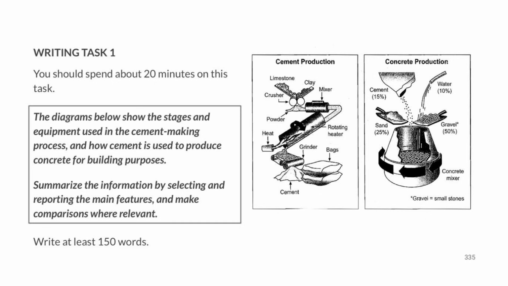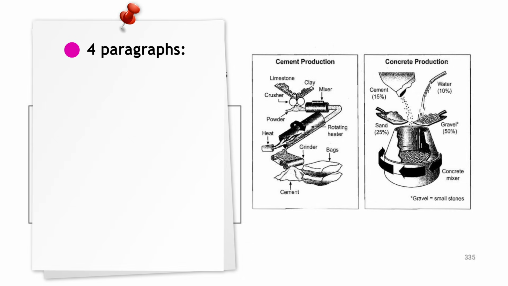So we are going to have 4 paragraphs in this report. The first one is going to be our introduction. The second paragraph is going to be our overview paragraph, in which we are going to talk about the main features of this diagram.